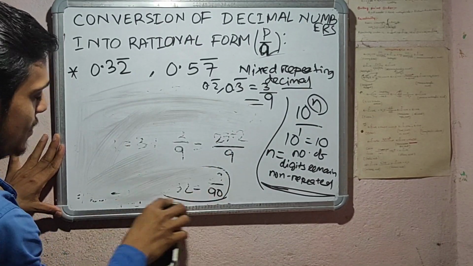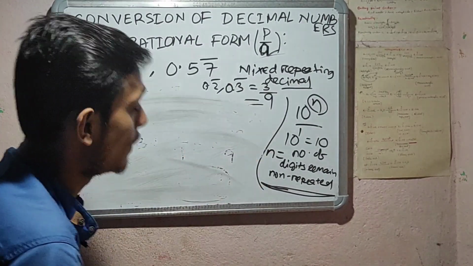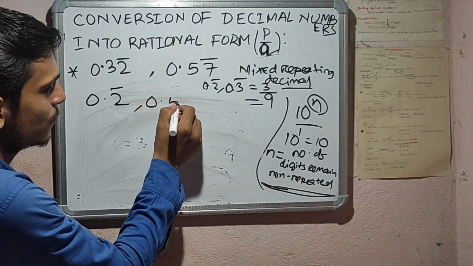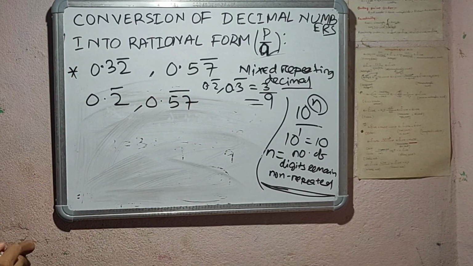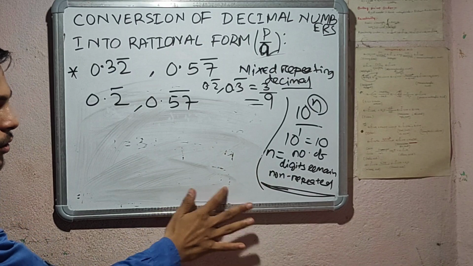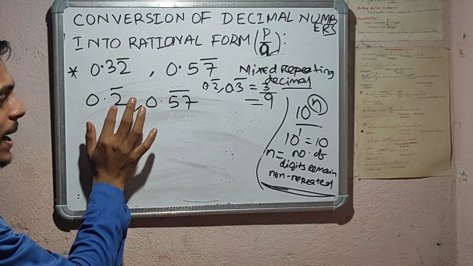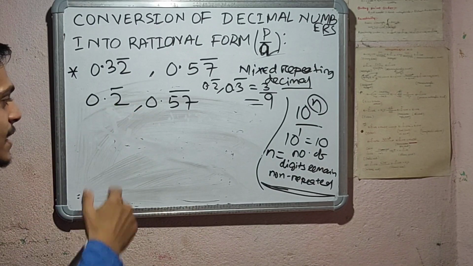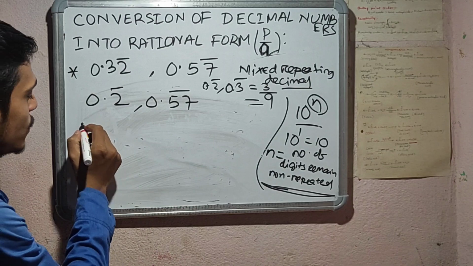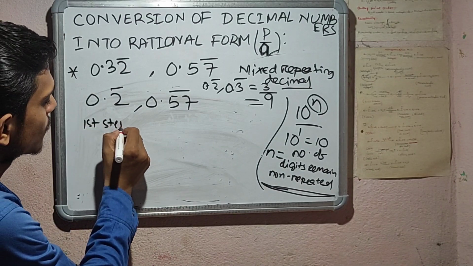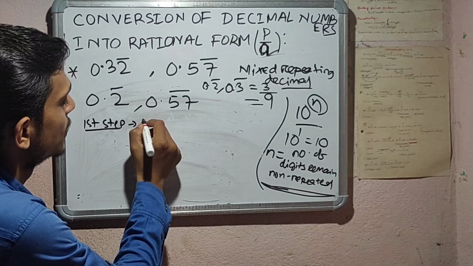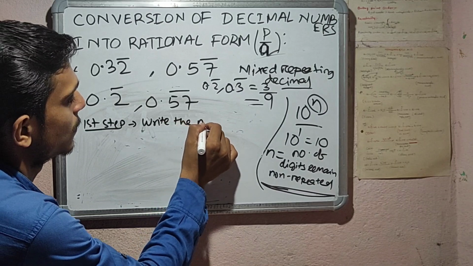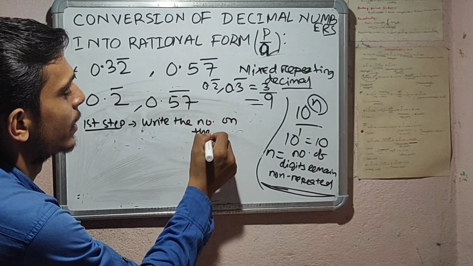I would like to explain another concept that I left in the previous video. If we have 0.2 bar or 0.57 bar, there is a short trick or rule to find the value orally. You can just look at it and say the value. See, 0.2 bar. The first step is to write the number in the numerator.